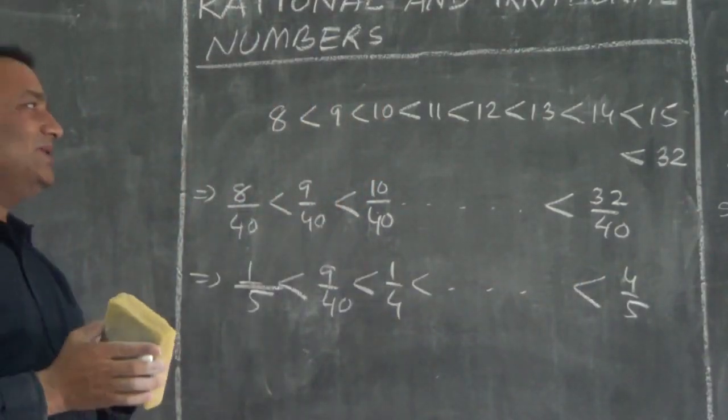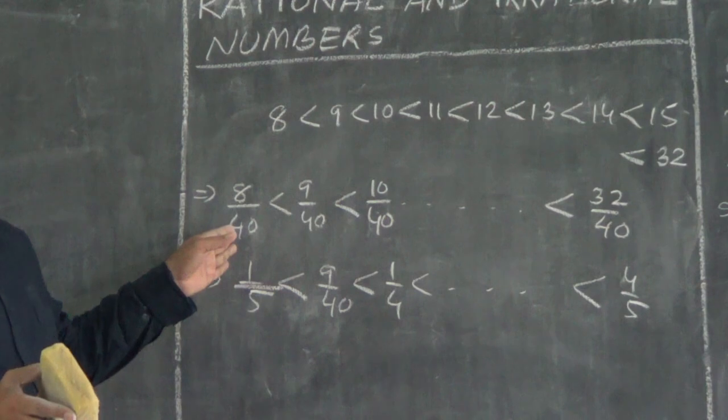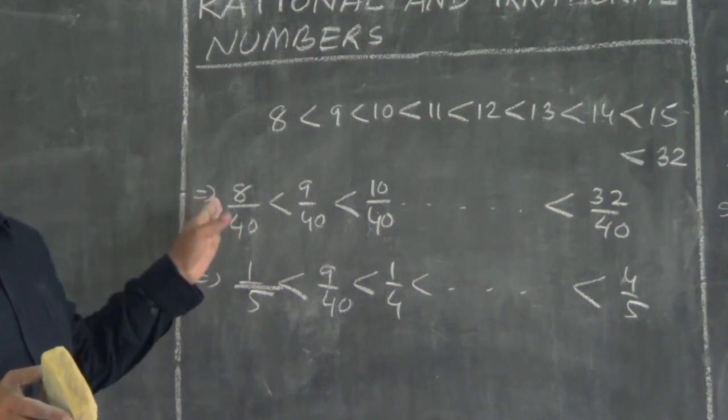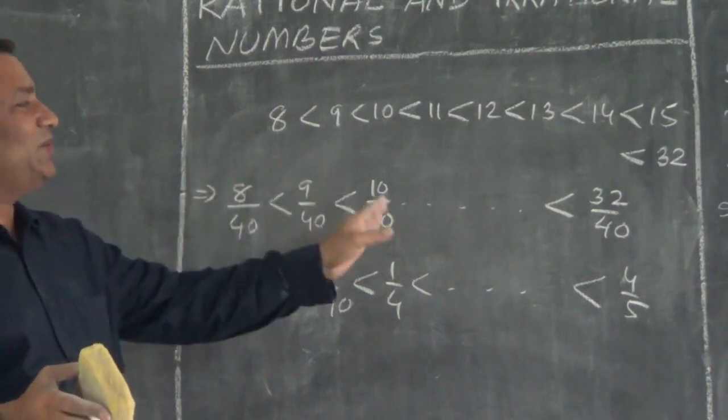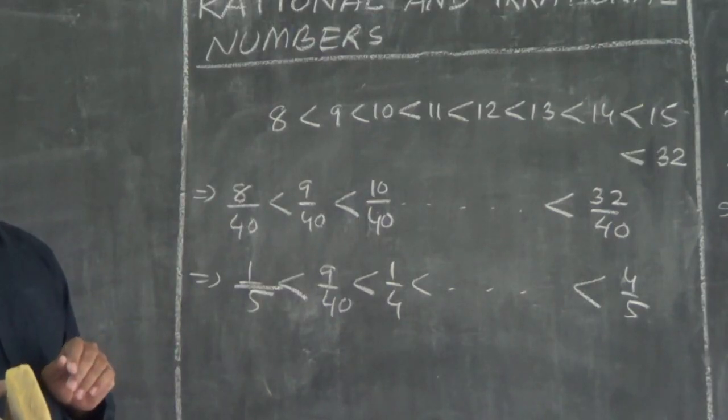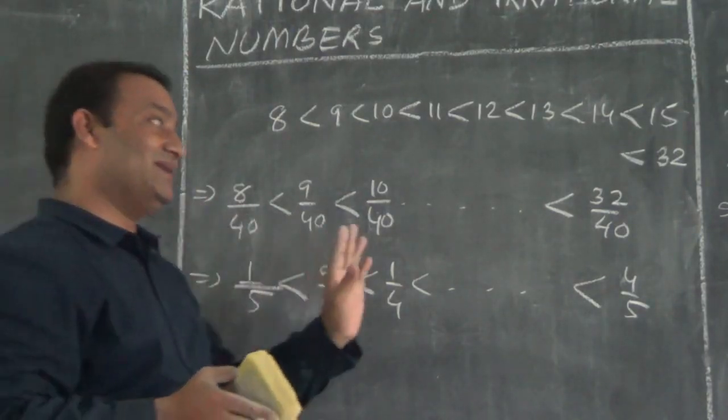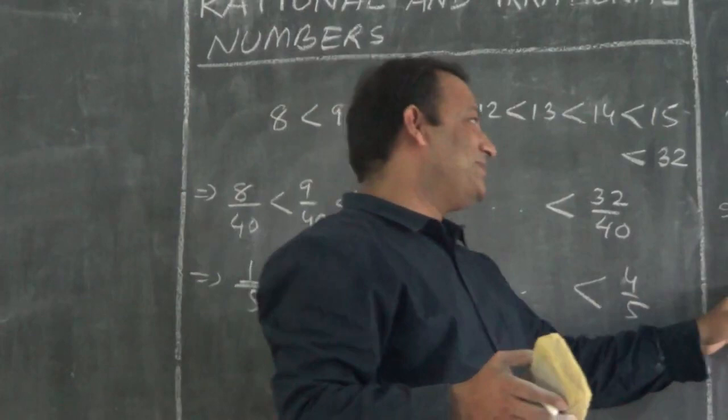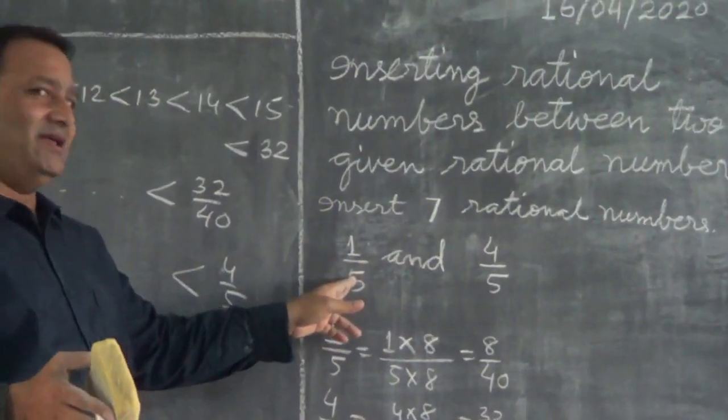So when we are going to insert many rational numbers between two given rational numbers, you go for this method. But there is a condition: the denominators must be the same.